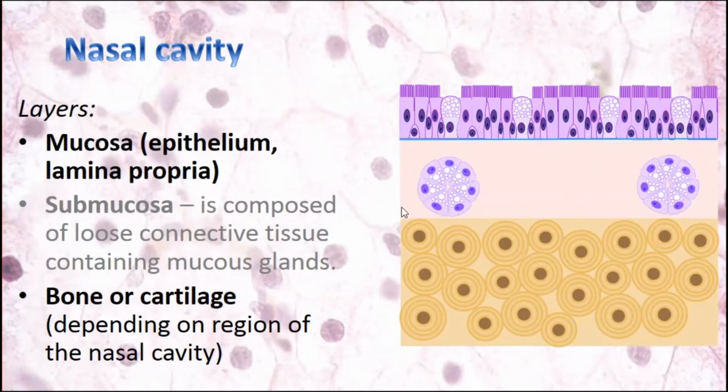And in some textbooks you can find that there is submucosa, and in some textbooks you can find that there is only lamina propria. What is the reason of this? Here we can see that vascularis of mucosa is well developed, and we cannot see a clear border between lamina propria and submucosa.